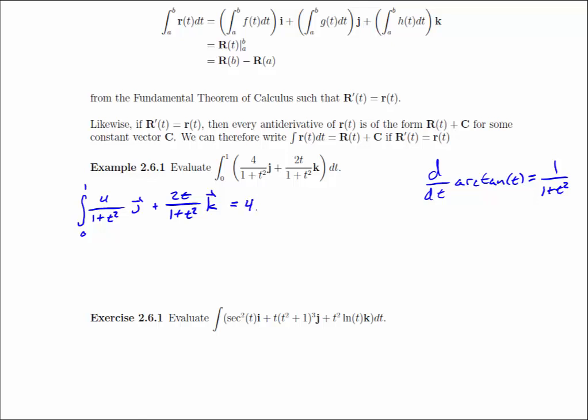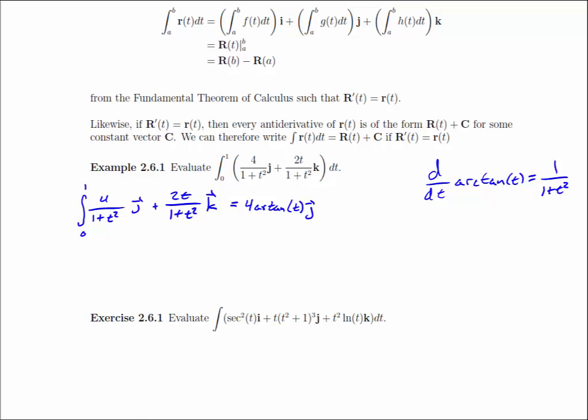So this is going to give me 4 arctangent of t in the j direction. I'll do the evaluation here at the end. Next, I want this antiderivative. So here, it's not a constant on top, so I can't just pull it in front.